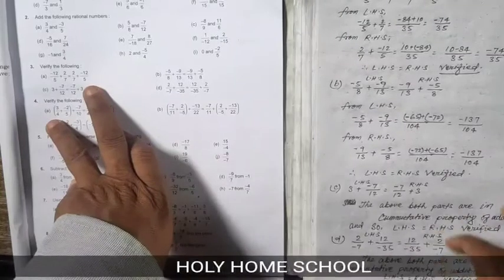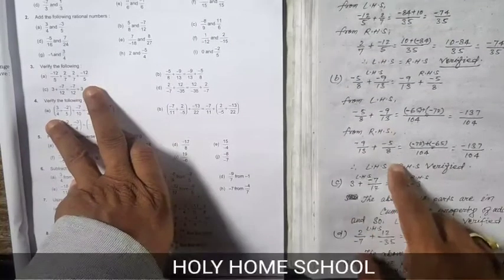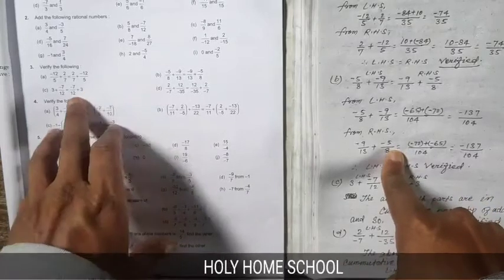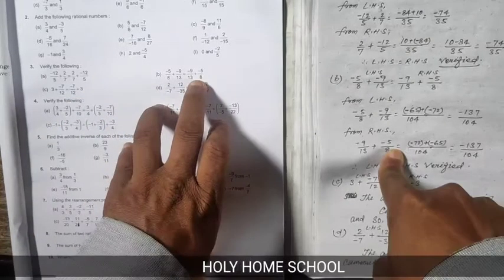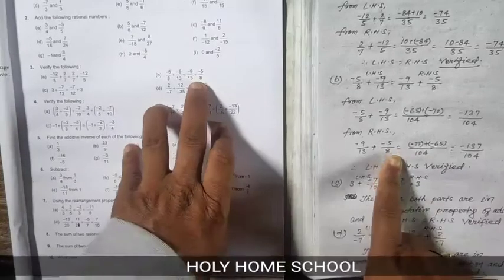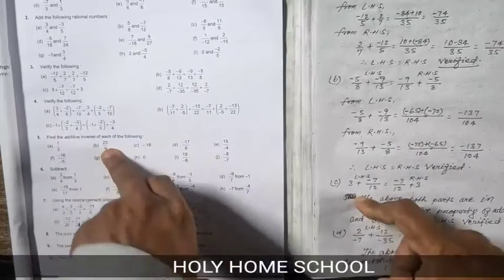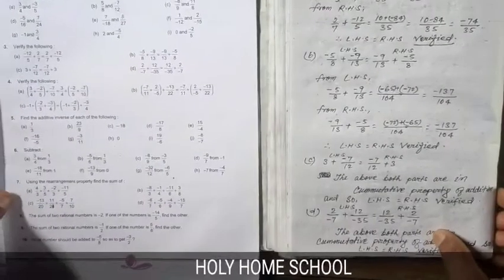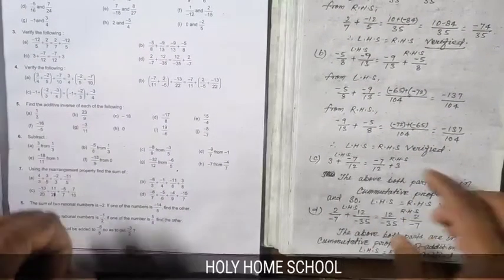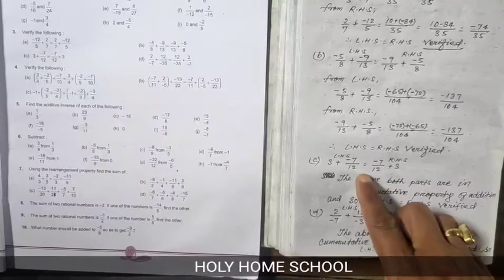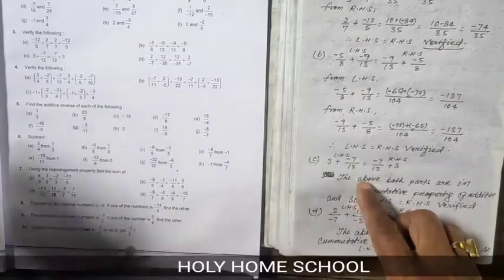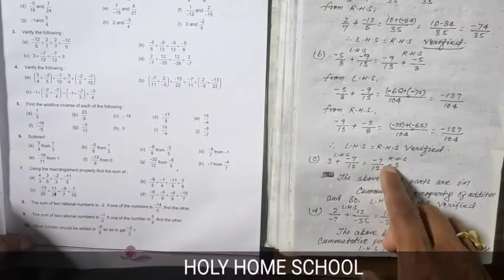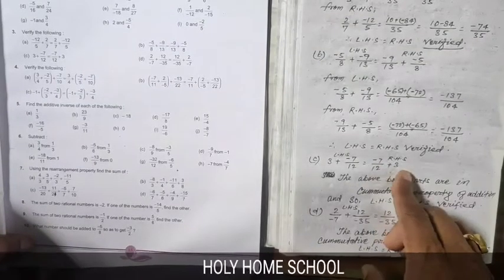All questions I have solved for you. For A and B, this process is the same. For C, you may write in this way also to verify LHS RHS. Observe it properly: 3 plus minus 7 by 12 equal to minus 7 by 12 plus 3.